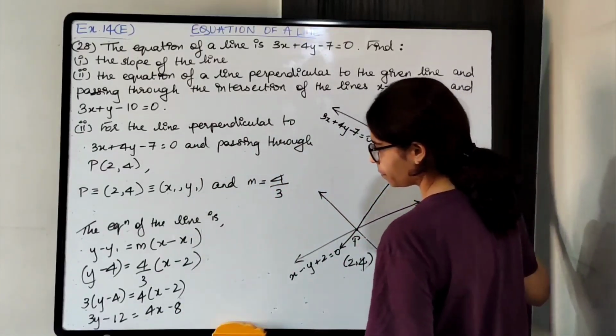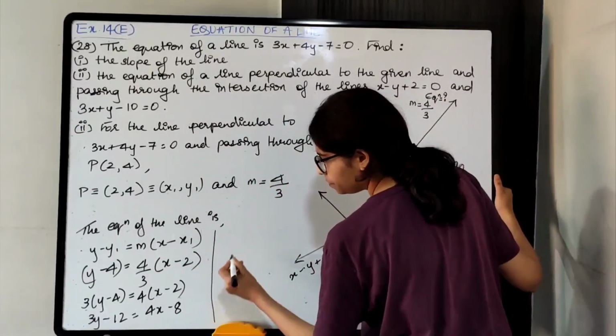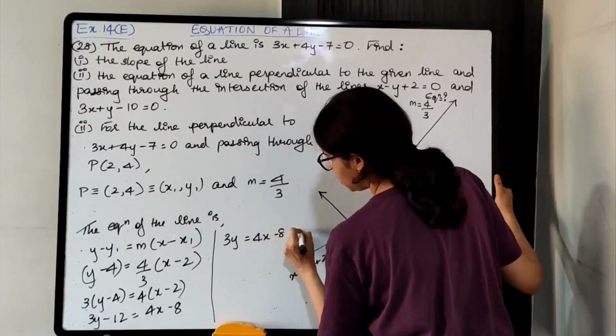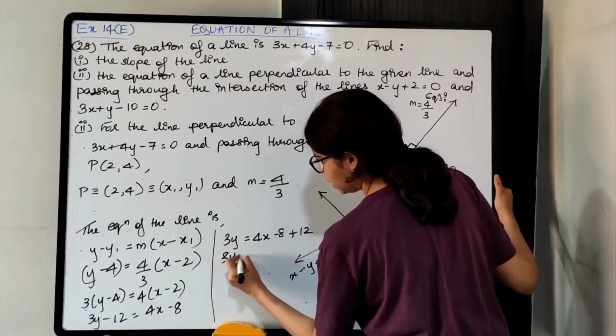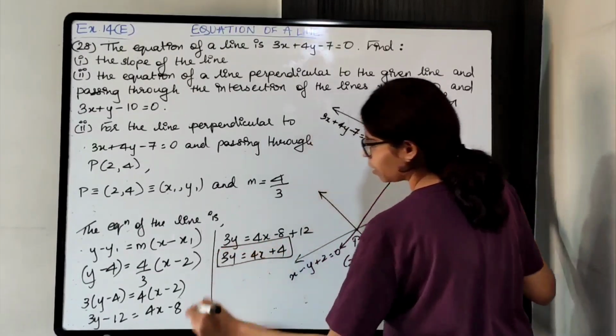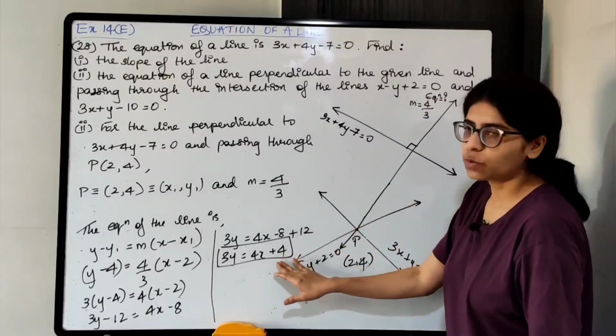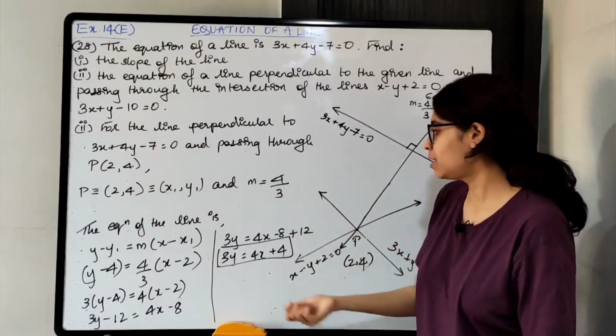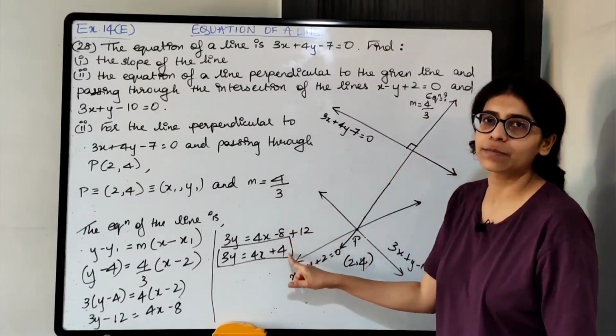Okay, so 3y equals to 4x minus 8 plus 12, that will give 3y equals to 4x plus 4. Box कर दो. Okay, so this is the equation of the line. Write down the final statement. The equation of the line is 3y equals to 4x plus 4.